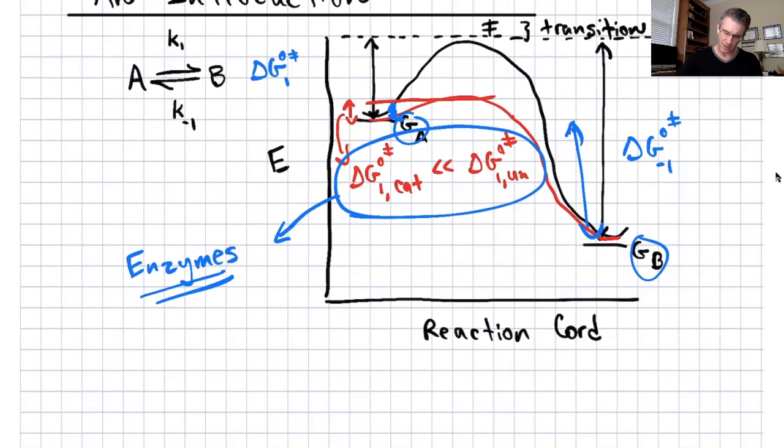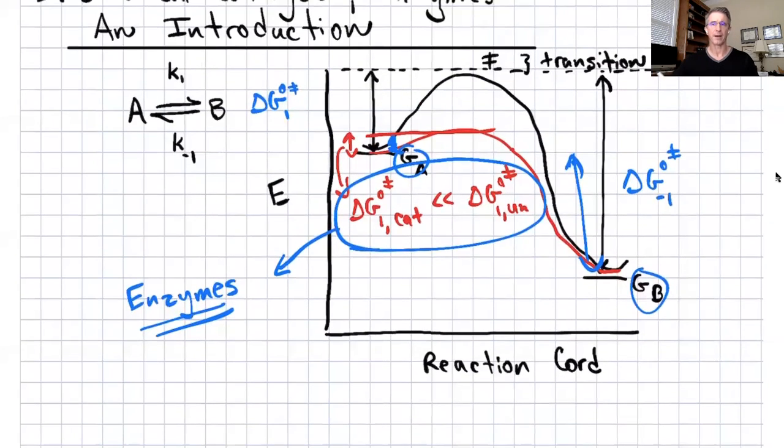So just as a general introduction to this idea, it's probably worth thinking about how enzymes would do that in the biggest possible picture sense. How would an enzyme lower that transition state barrier?